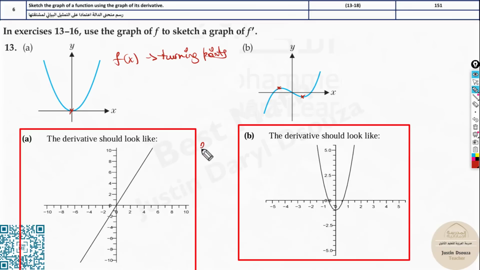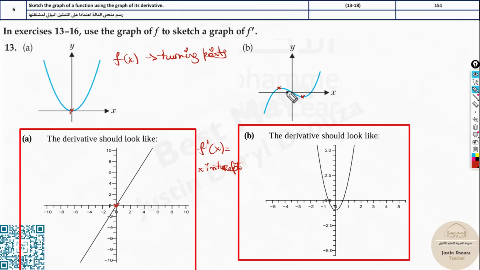Those points in the derivative, f dash of x, will be x-intercepts. Let me write x-intercepts. Now what does this mean? Wherever there is a turning point, here at 0 it's turning, right? That means in the derivative, at 0, it will touch the x-axis.